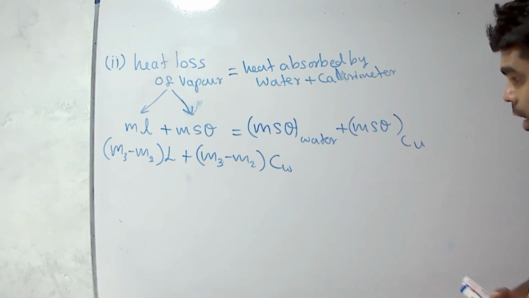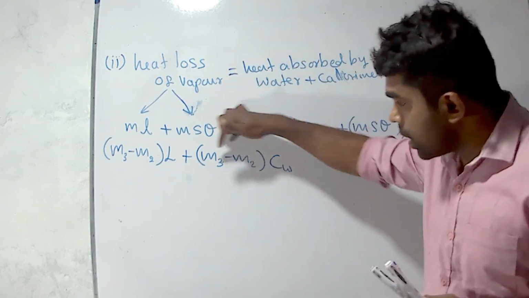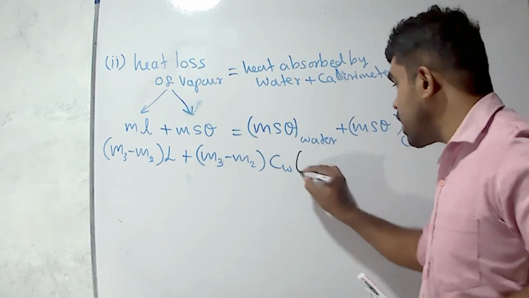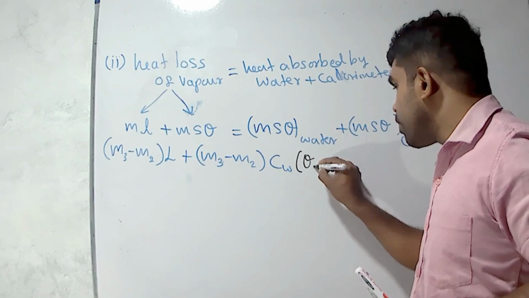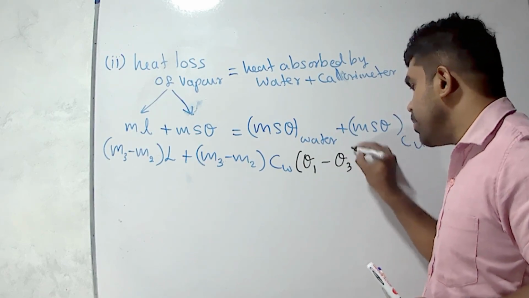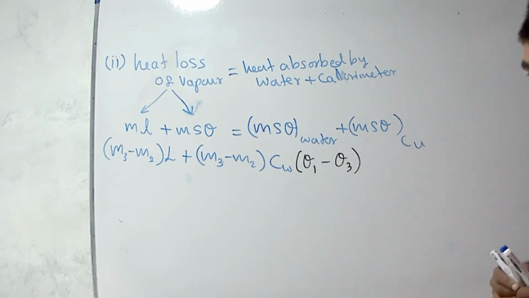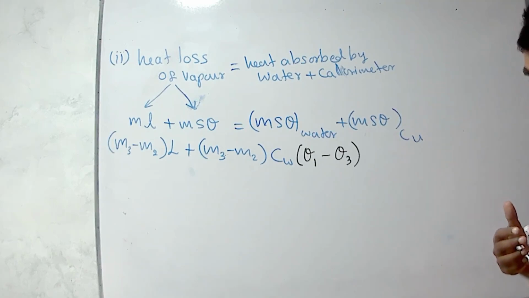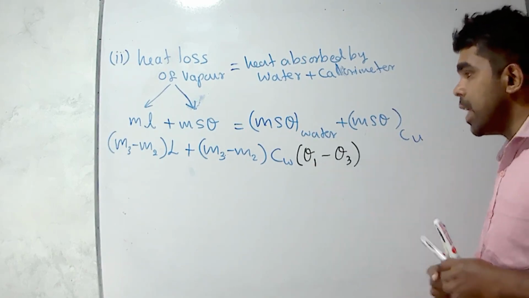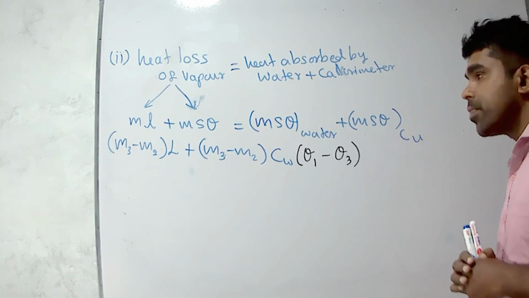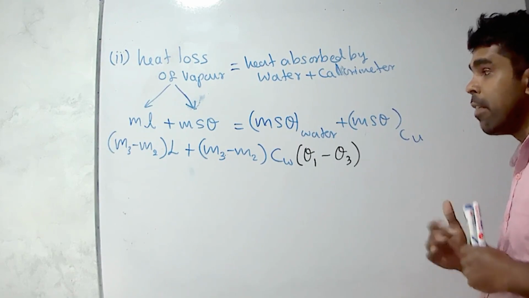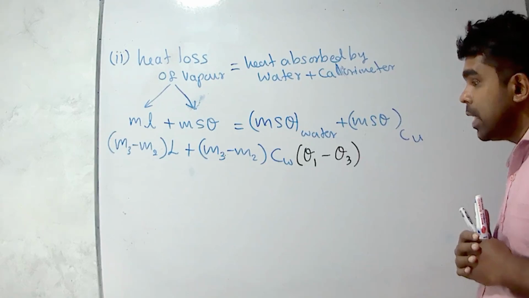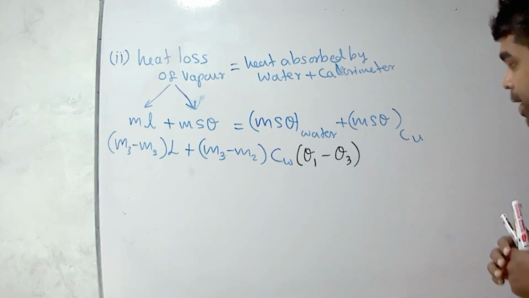In this equation, we have to write theta 1 minus theta 3. Theta 1 means the temperature of steam. It should be 100 degrees Celsius, but in this problem we consider it as theta 1, as we obtained it as a temperature reading.